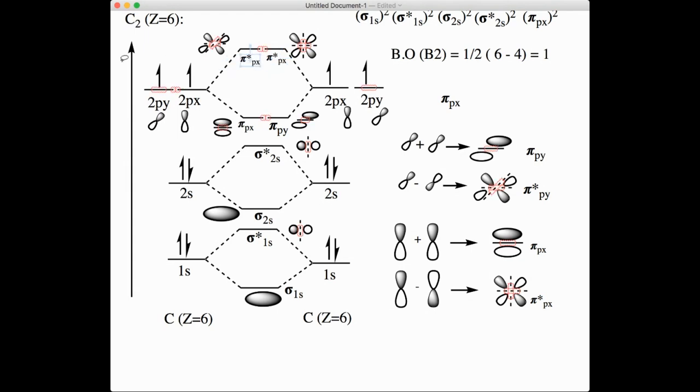In phase combination leads to 2 bonding molecular orbitals, px and py, and they look like this. Out of phase combination leads to 2 antibonding molecular orbitals looking like this, because we combine x with x and y with y because they have the right symmetry and orientation. So these could be the molecular orbitals, guys.